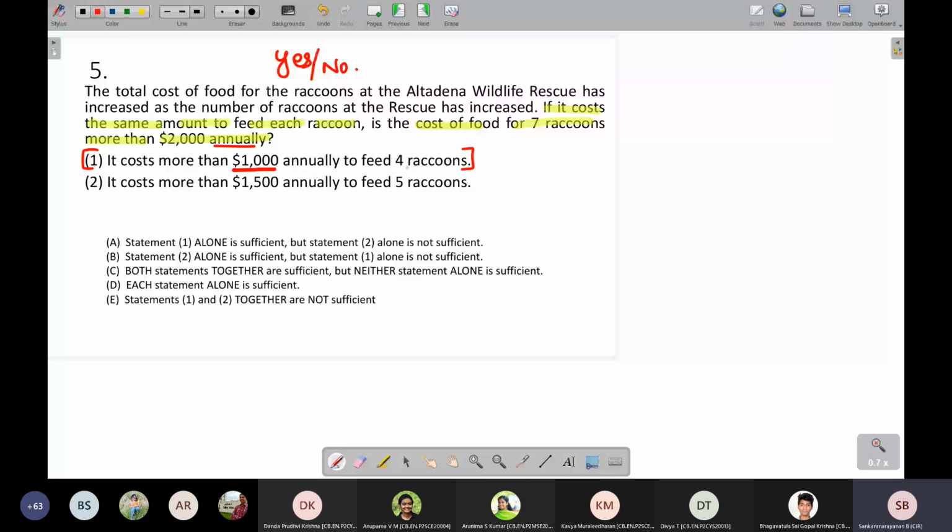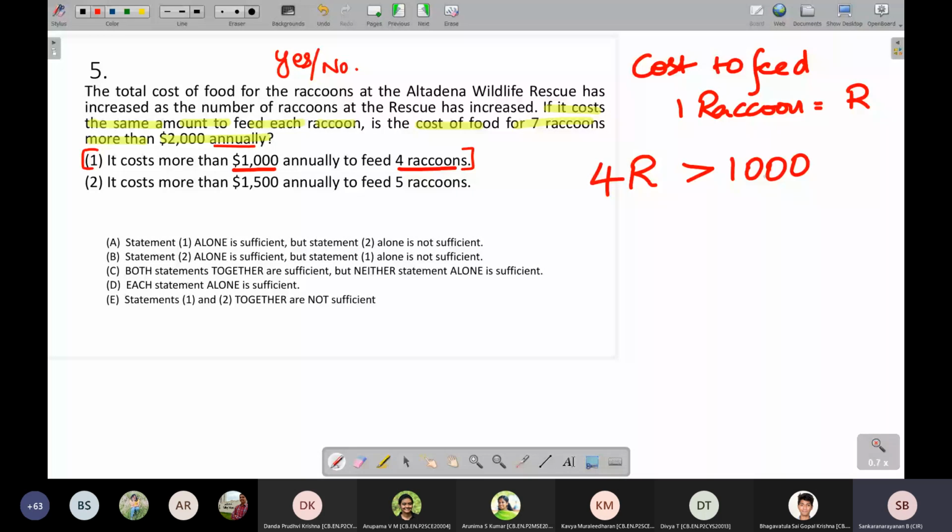So if I consider the cost to feed 1 raccoon, let that be equal to R. So the cost to feed 4 raccoons will be 4R. This 4R will be more than 1,000. That's what it means. Thus, I can conclude that R will be more than 250. Do you agree with me?